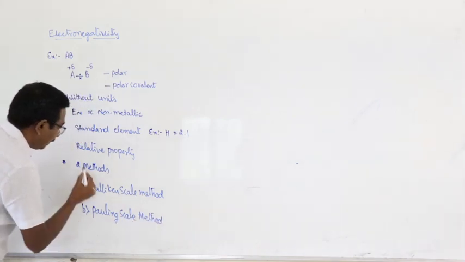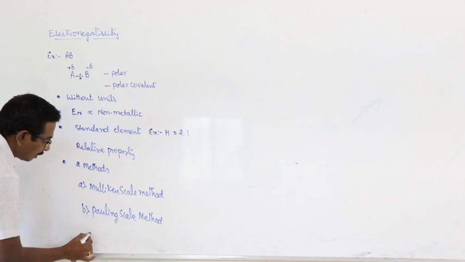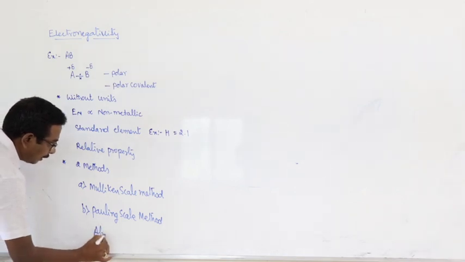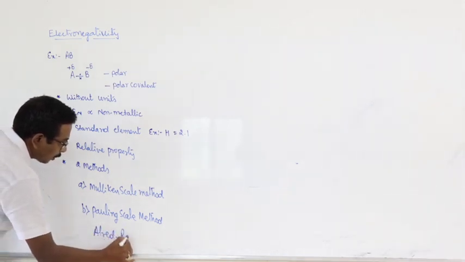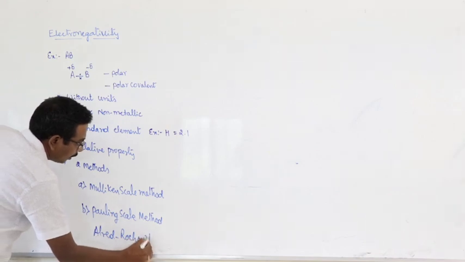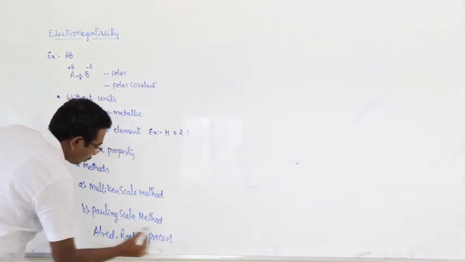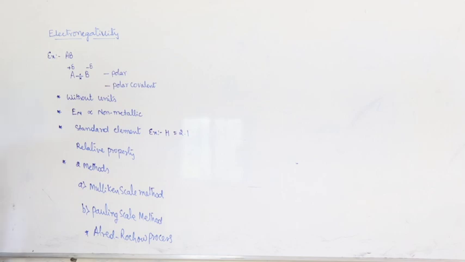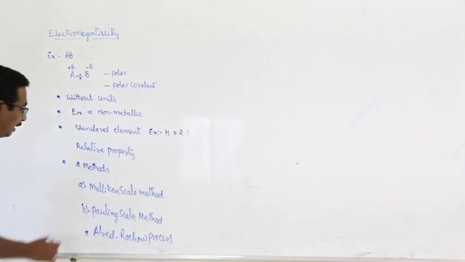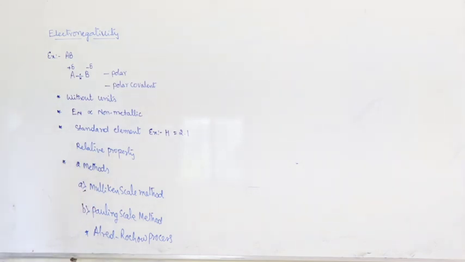But recently another method was developed, the Allred-Rochow process. This is yet to be confirmed, yet to be decided by IUPAC. Here the first one is the Mulliken scale method, the second one is the Pauling scale method.